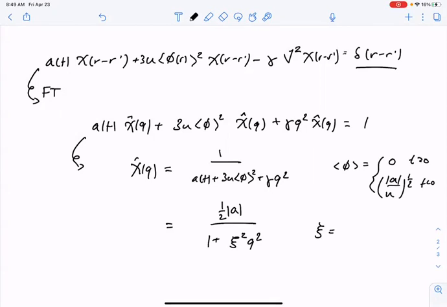And identifying again this correlation length as the square root of gamma over twice a of t.